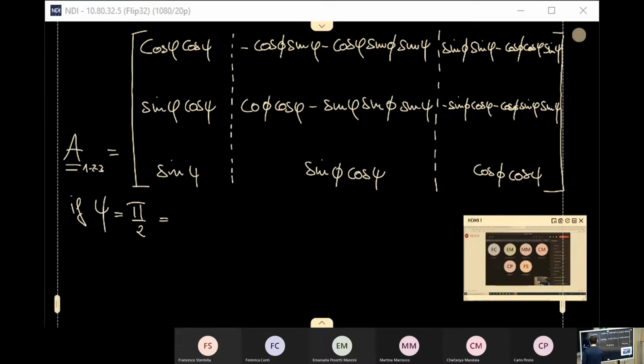then A becomes like this. A 1, 2, 3 becomes this: 0, 0, 1, you see?